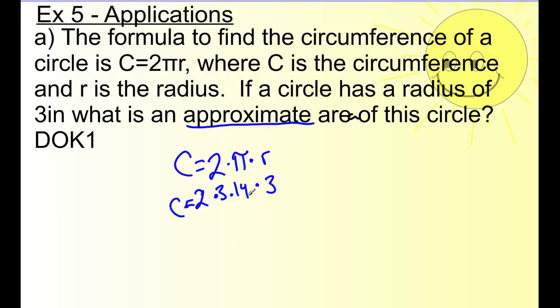Now, since we're going for approximate, I don't even need this 0.14. Can't I just estimate pi to be like around 3? It's pretty darn close. So if I'm trying to get just an estimate, 2 times 3 times 3 gives me 18 inches. That's close enough. That's all we need. We're just trying to approximate.